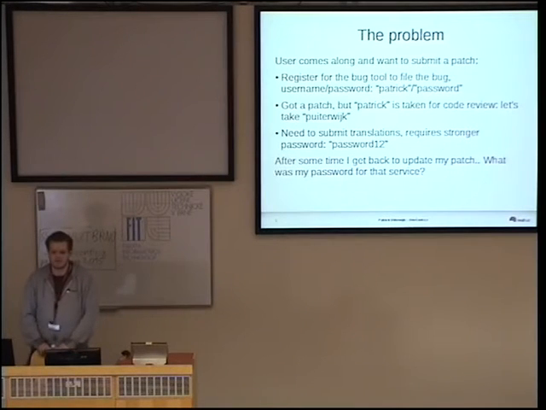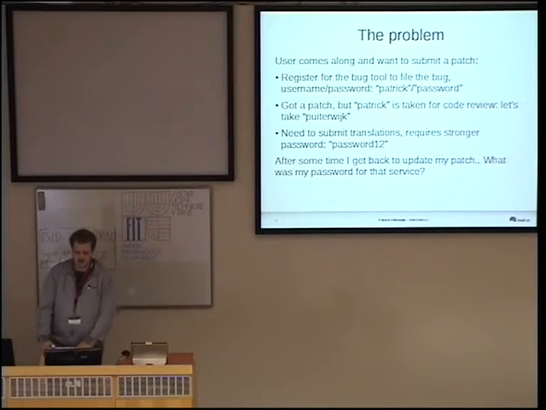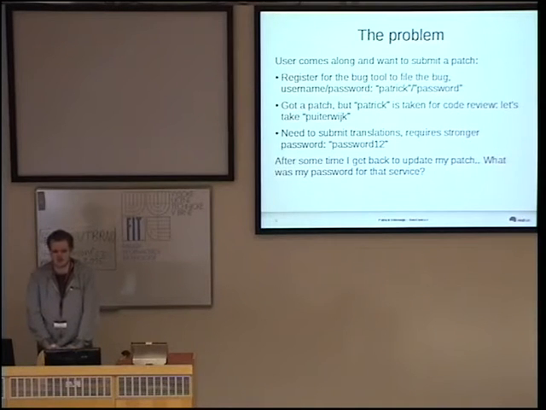Let's just take my first initial and my last name, like probably a lot of you do. Next up, I want to submit translations for my patch because that was asked during review. Apparently that system requires a stricter password, so I'll just add the numbers 1 and 2 after my password. Which, by the way, never do this. This is just an example.